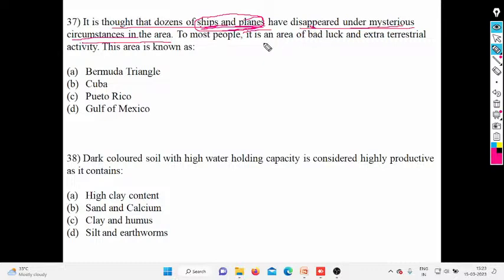To most people it is an area of bad luck and extraterrestrial activity. This area is known as the Bermuda Triangle, between Cuba, Puerto Rico, and the Gulf of Mexico. The answer is the Bermuda Triangle.